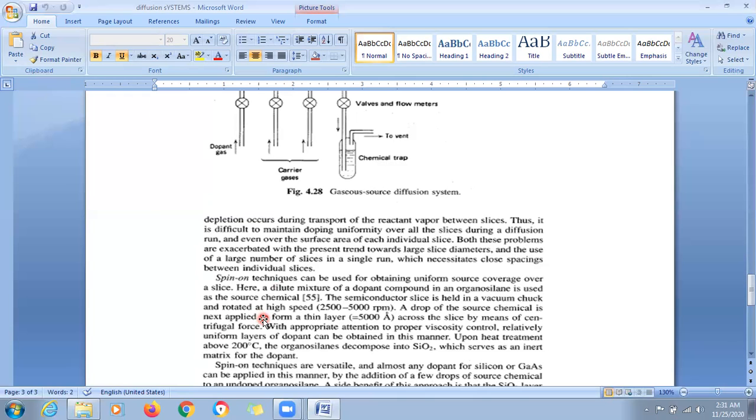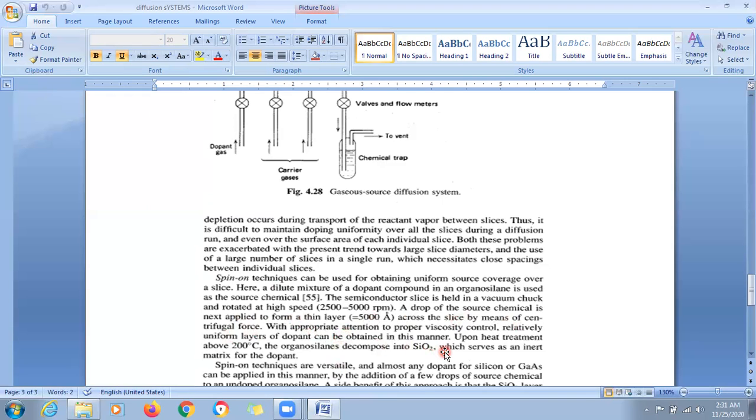A drop of the source chemical is next applied to form a thin layer across the slice by means of centrifugal force. With appropriate attention to proper viscosity control, relatively uniform layers of the dopant can be obtained in this manner.